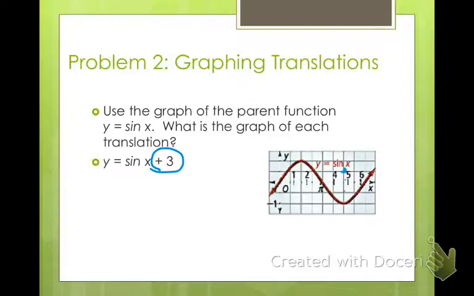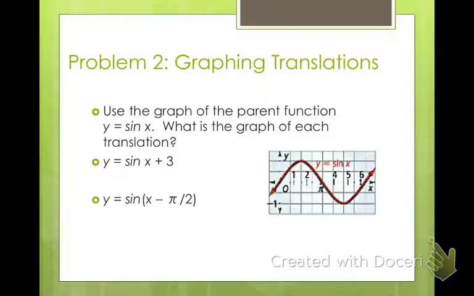So here, and this one is 1, 2, here, and here. This one is off the graph, and this one is here. And we just make a smooth curve to connect all those points. So plus 3 just moves the whole graph up 3 units.